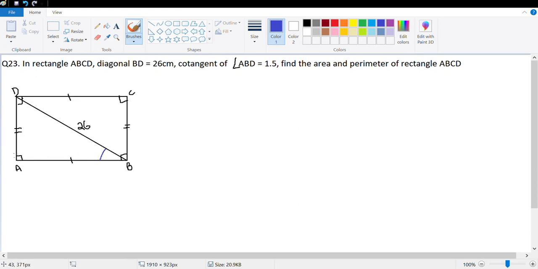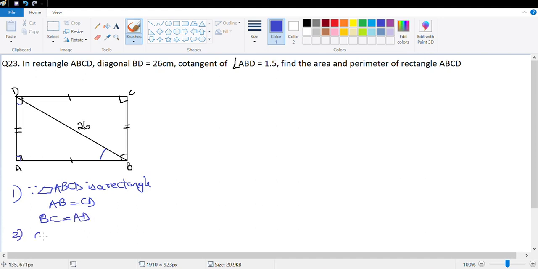Since it's a rectangle, which means all vertex angles are 90 and opposite sides are equal. So let's just write that down. Since quadrilateral ABCD is a rectangle, which means AB is equal to CD and BC is equal to AD.